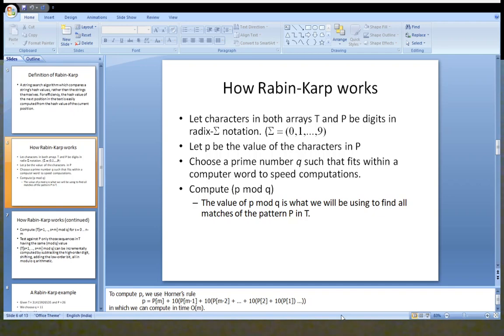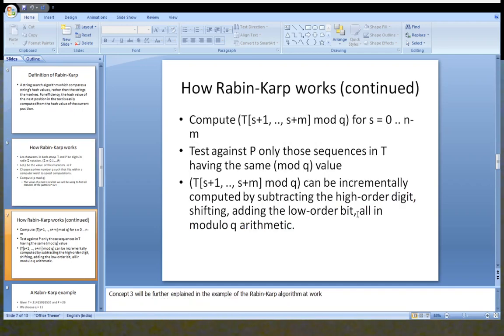After that, you shall take the text sequence t[s+1..s+m] mod q for s equals 0 up to n minus 1. Here s is the position from where you start matching.